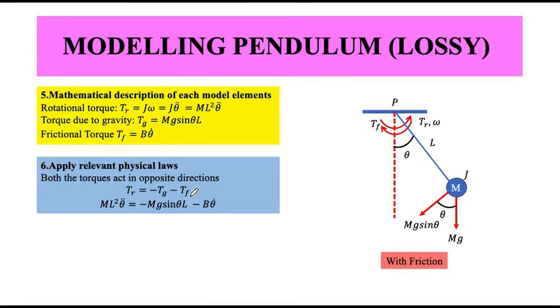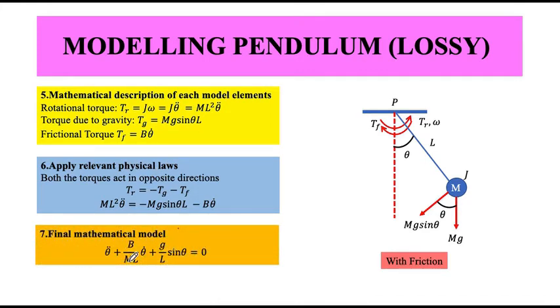If I substitute these, I get a final mathematical model: theta double dot plus b by ml theta dot plus g by l sine theta is equal to 0.